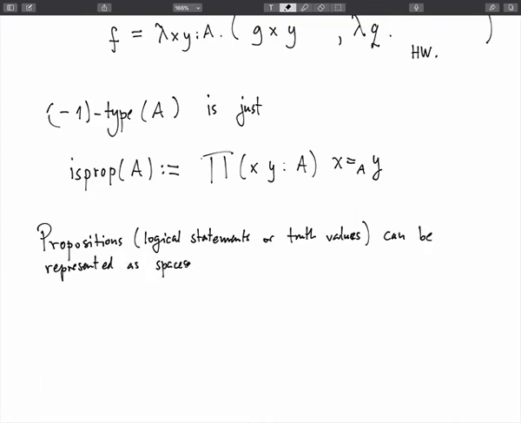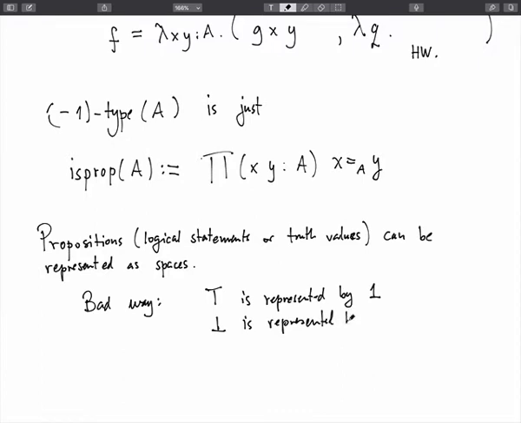Okay, so here would be a bad way to do it. You say true is represented by the space 1 and false is represented by the empty space.